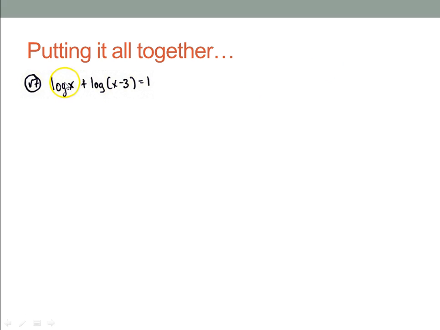Now these are both logs, base 10 logs. I know I'm adding, so I got to condense this. If I'm adding logarithms, that means I can condense it using multiplication. I can distribute this x. And now I can rewrite this logarithm as an exponent and, in a sense, get rid of the log.